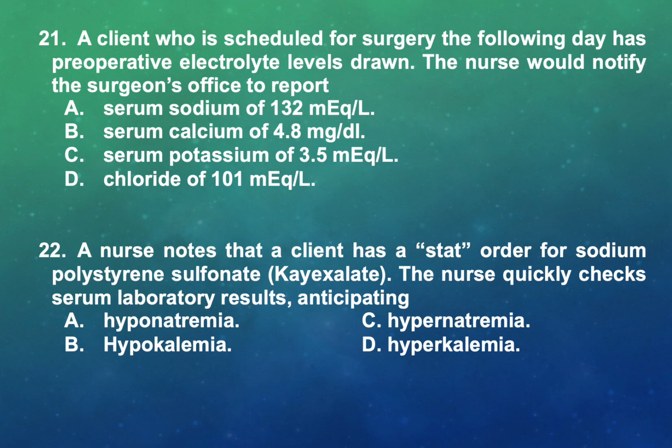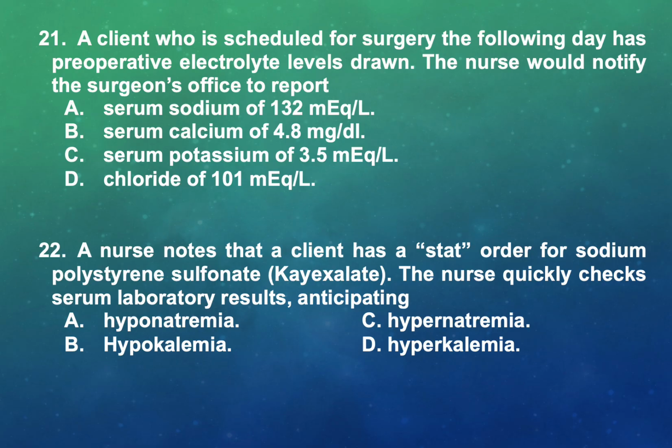21. A client is scheduled for surgery the following day and has preoperative electrolyte levels drawn. The nurse would notify the surgeon's office to report, answer, Charlie. The normal reference range for serum potassium is 3.5 to 5.